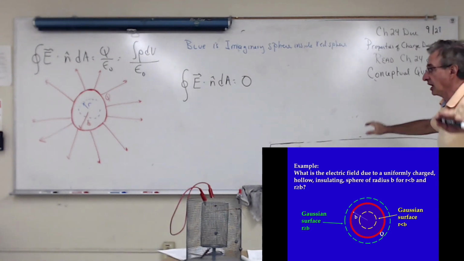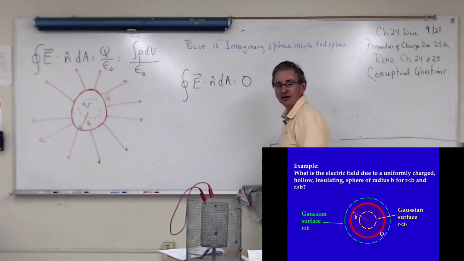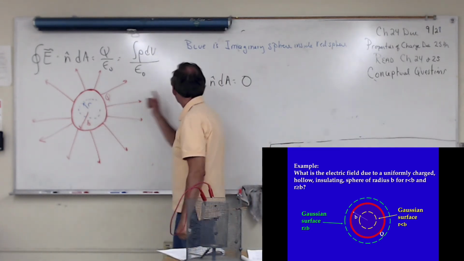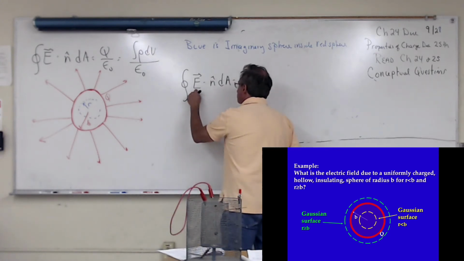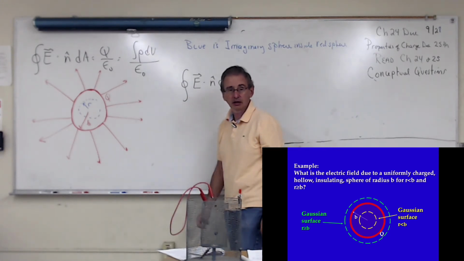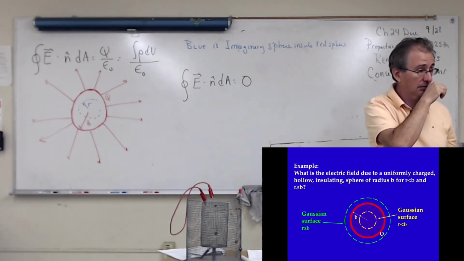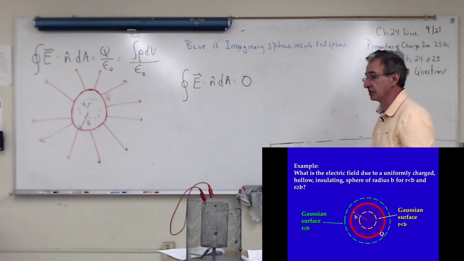If there's no charge anywhere in my universe on the board, and this integral ends up being 0, what must this be? It's got to be 0. Yeah, so the field inside's got to be 0.